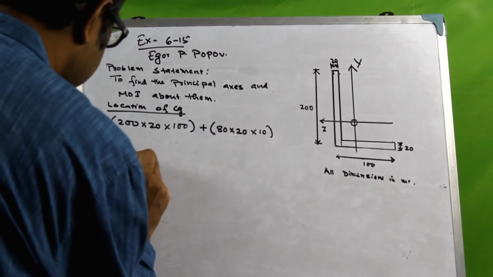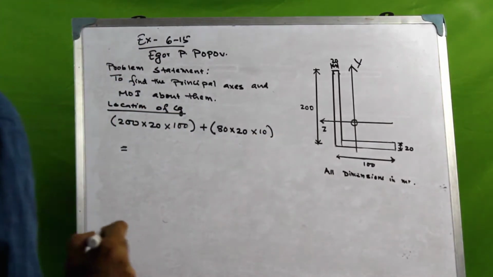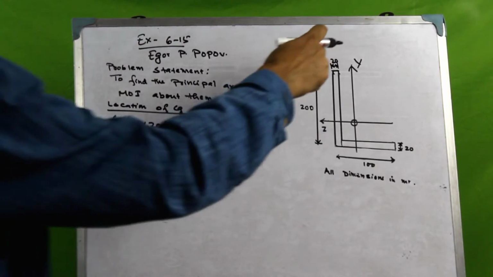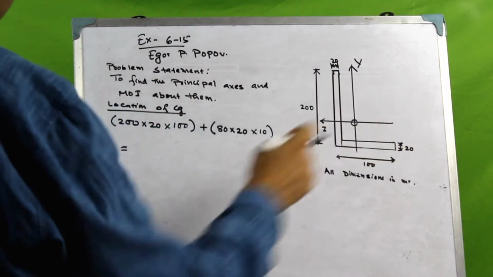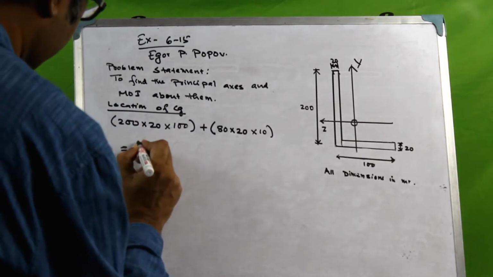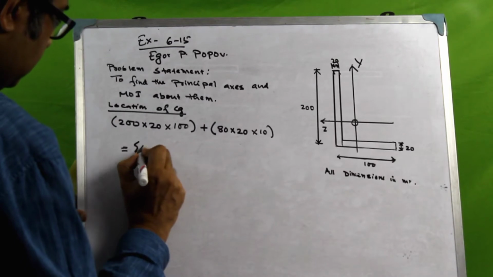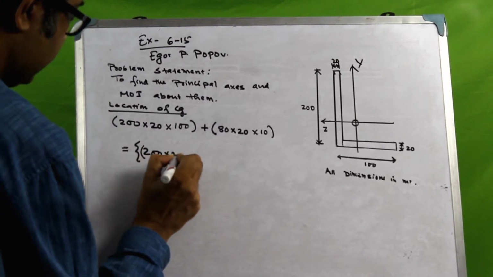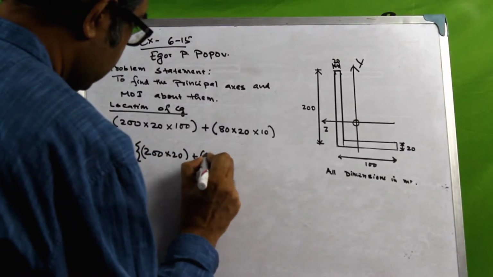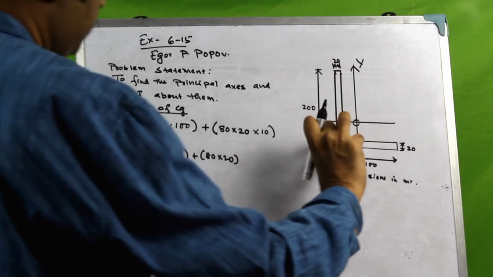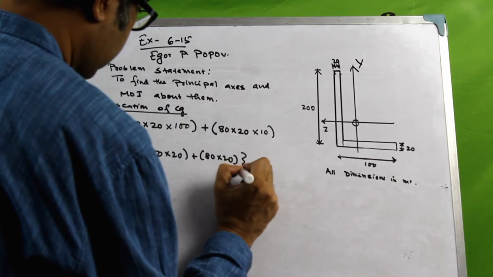And the area of the whole angle section would be given as this one: the area of this element plus the area of this element.